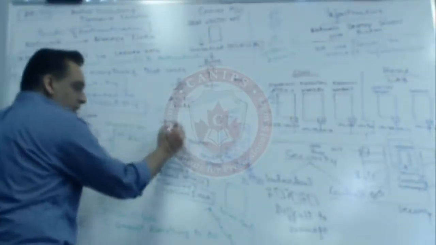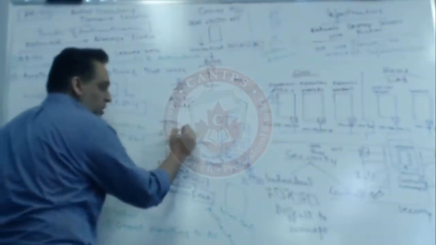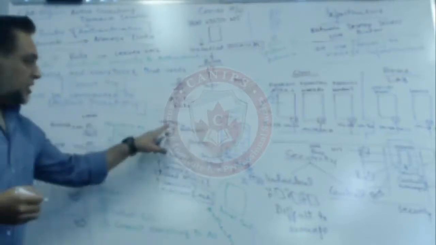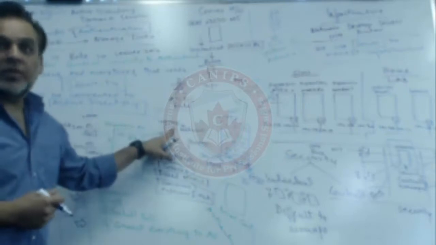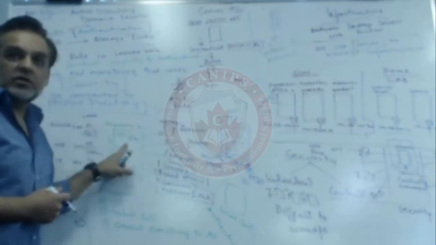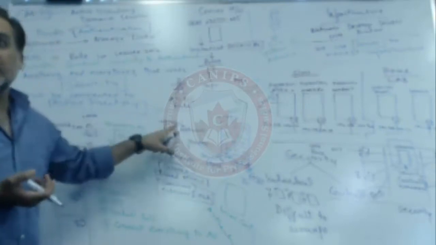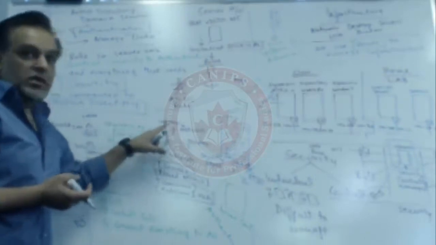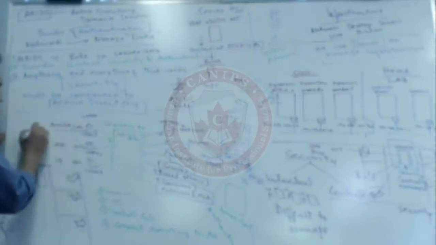Let's say this machine does not have a network. It's not connected to the network. If this machine is not connected to the network, it is not connected to Active Directory, meaning it is not being managed by Active Directory, right? Let's say this user's password is expired. What is a user's password expired? Guys, it is exactly the same thing.